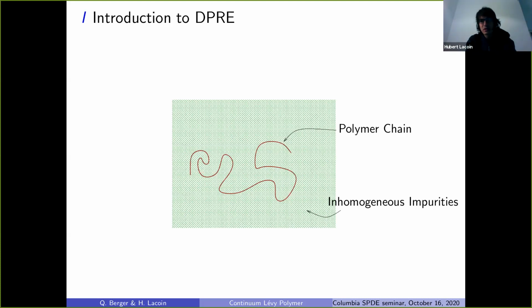And what you want to figure out is whether these impurities will change the polymer configuration on a large scale. Really, the directed polymer in a random environment model is an oversimplified picture for this, and the idea is to see if we can learn something about a very simple disordered model.